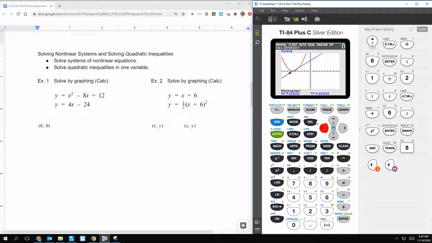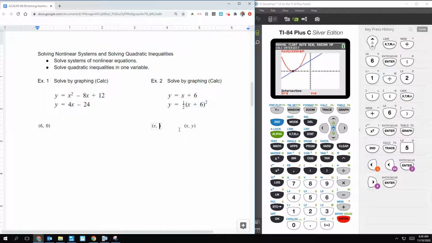And so it says select the first curve, and I'm going to hit enter, and then select the second curve. And now I can see that my cursor is on the red parabola. And then it says your guess, where do you think it is? I think it's right there. So it says negative 6, 0. So my solution for one of the points is going to be negative 6, 0.